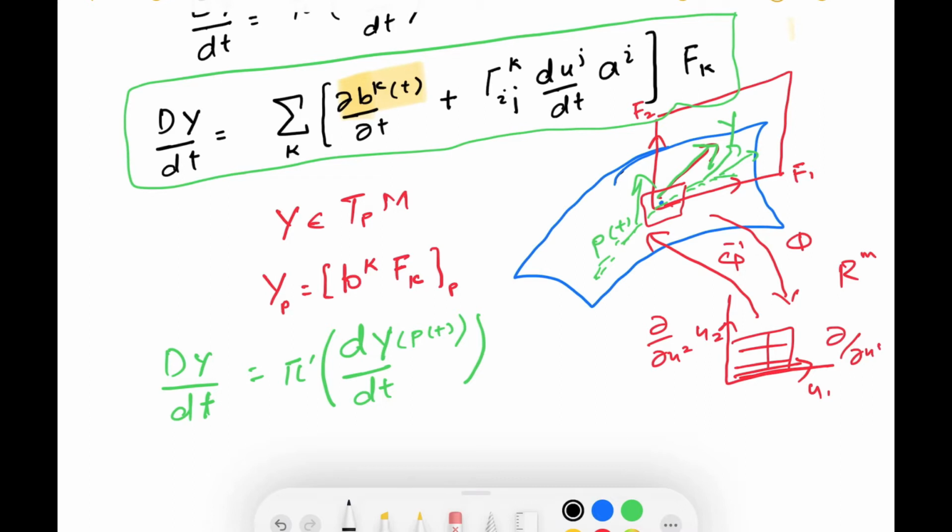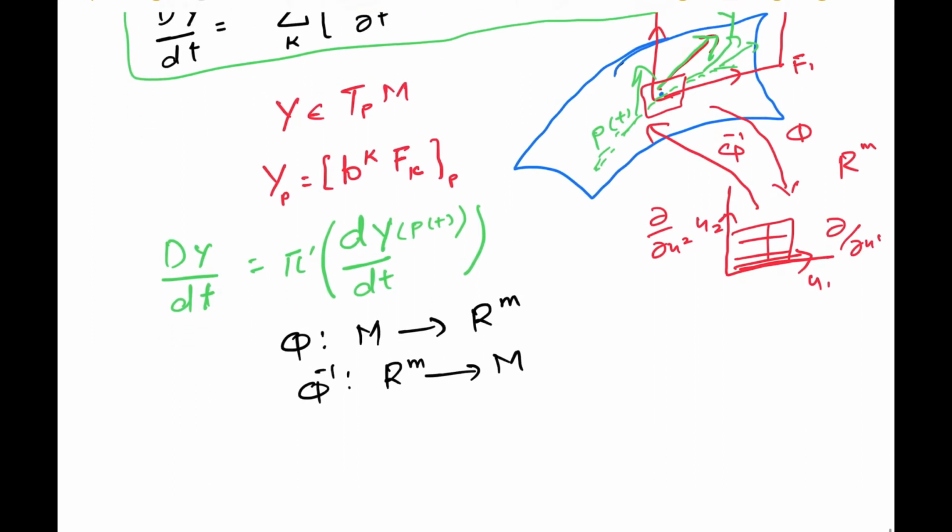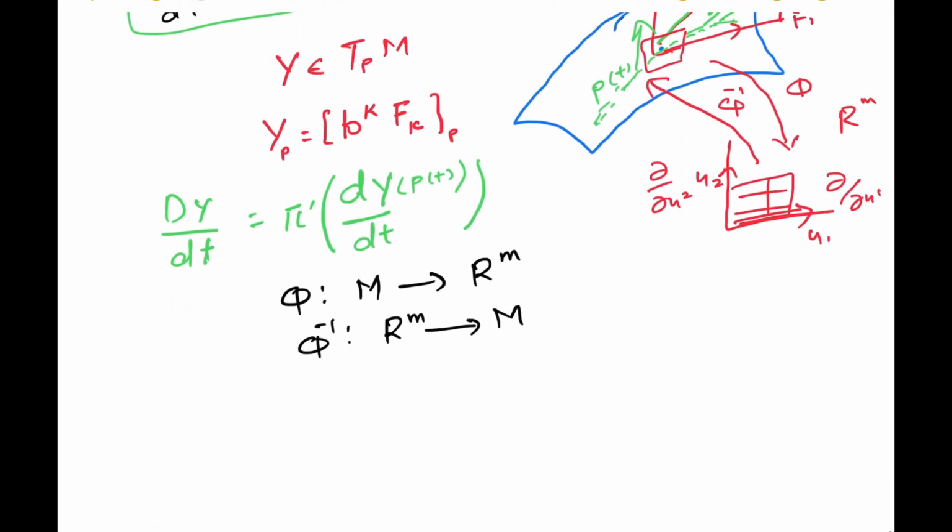And phi inverse is from Rm to the manifold. So what is phi inverse? Phi is from the manifold to Rm, the Euclidean space, and this phi inverse is from Rm to the manifold. So we have this type of situation over here. And then this phi inverse in the form of components is in this manner.